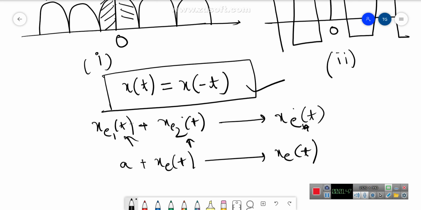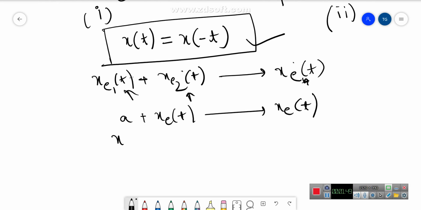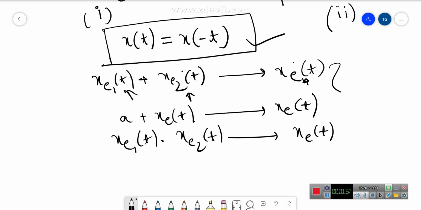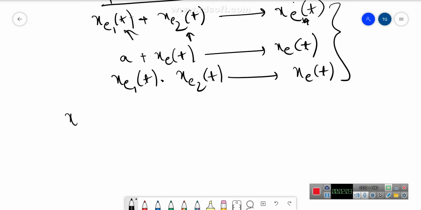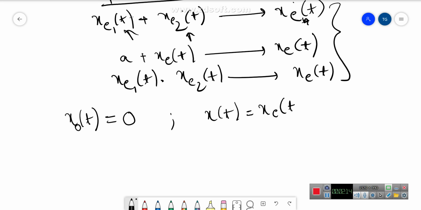And we know that the multiplication of two even functions is also an even function. So these are basic things. And if our x of t is an even signal, then the odd component of that signal will be 0, and total x of t will be equal to the even component of the signal.